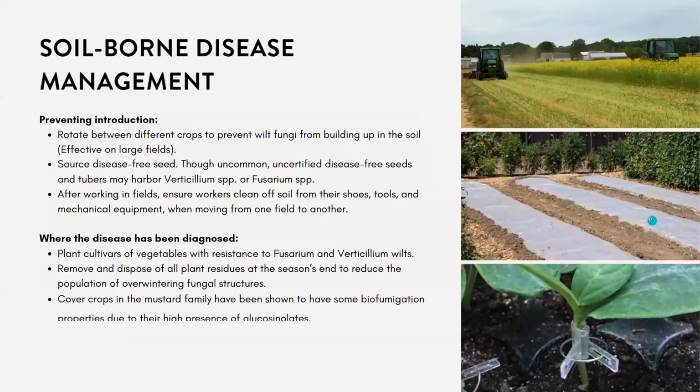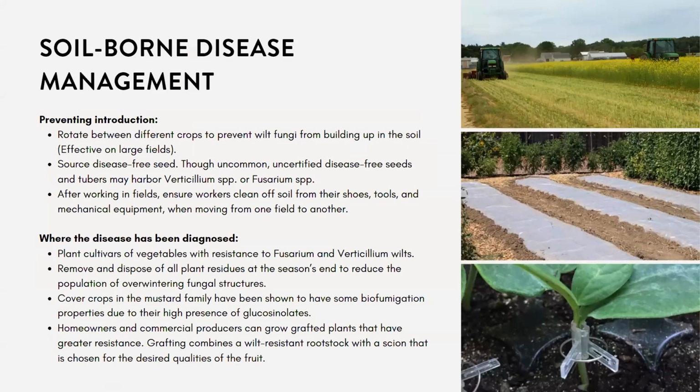So when we manage these soil-borne diseases, there are a couple things we can do. If you guys saw Wesley Crump's talk on Tuesday, he talked a lot about crop rotation. So that's really effective if you work in a large field. You want to source disease-free seed because sometimes it can be spread through the seed, though it's uncommon.